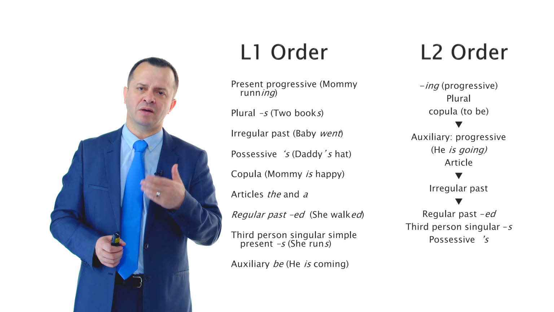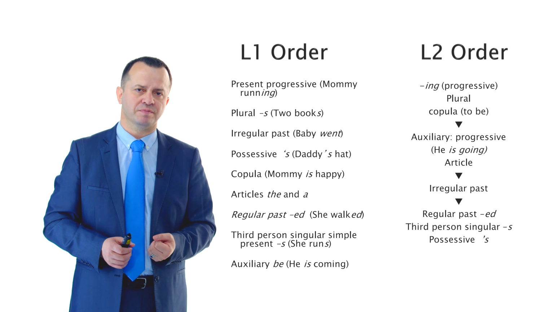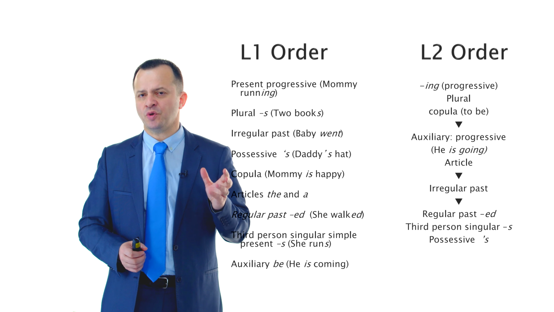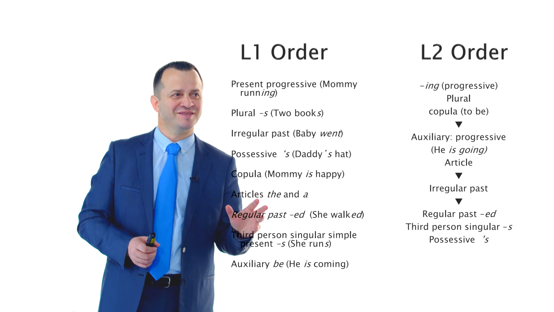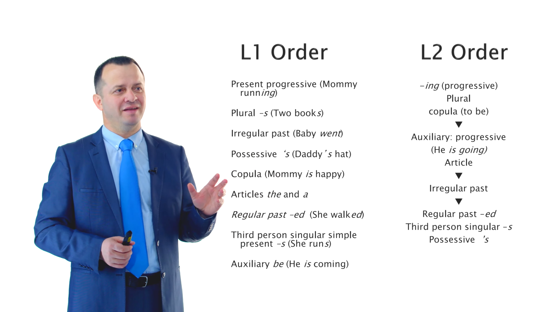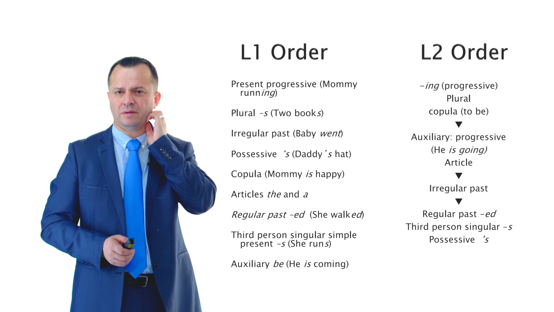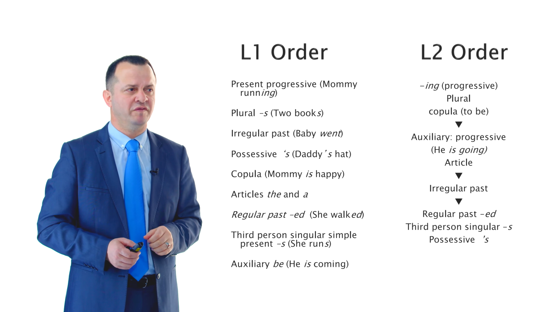But it's not the same morpheme order in L2, while they're learning L2. You see, even though -ing is the easiest in L1, here you may see it's the most complicated. And then the copula, an auxiliary, etc. So this is the hierarchy of the L1 and L2 order of morphemes.